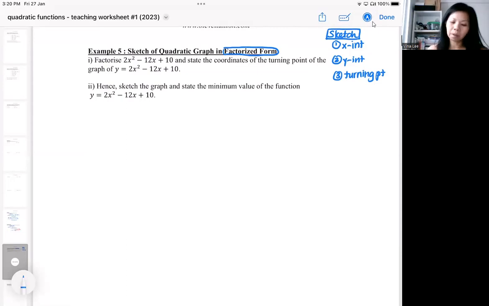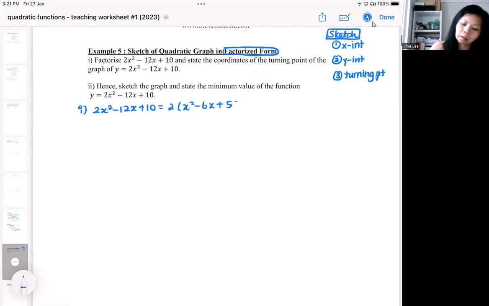In this example, if you look at the question, the first part asks you to do a normal factorization. It's like your Set 2 factorization. So you take out a common factor, then you do your cross factorization or the grid factorization, whichever works for you. You shouldn't have careless mistakes in this part.